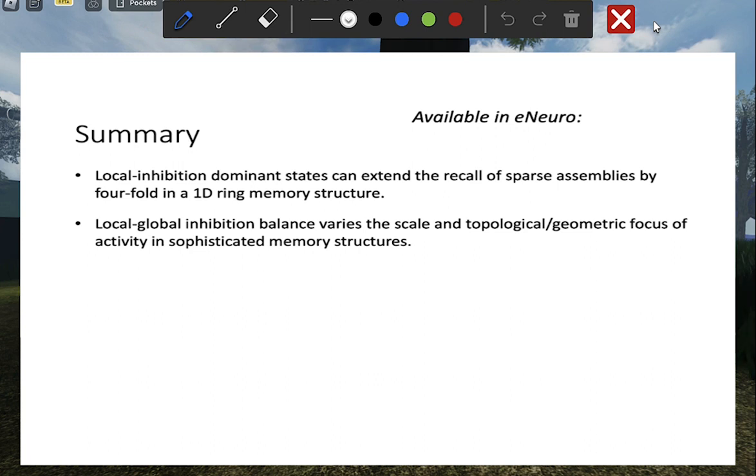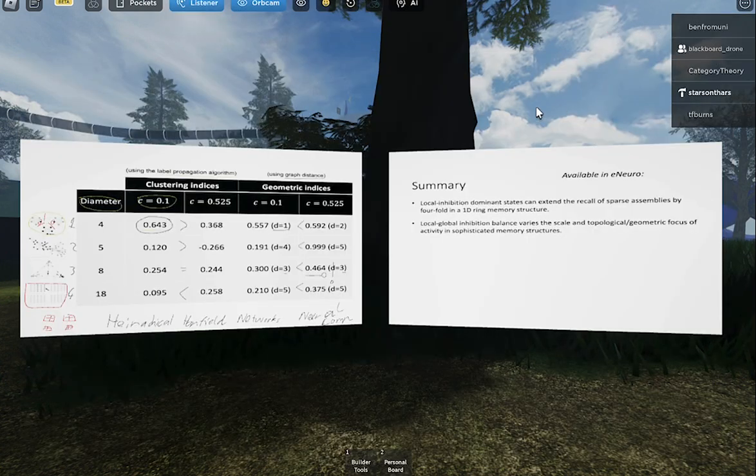The activity of these neurons is sparse, which is more realistic. And it seems to shift the topological or geometric focus of the activity in these different structures that we tested. And that's the end of the presentation. Thanks very much for your attention.